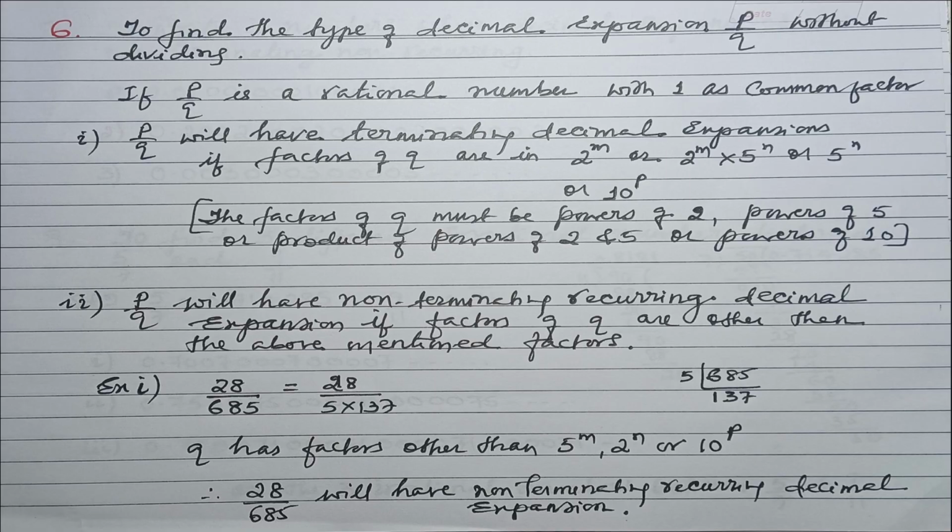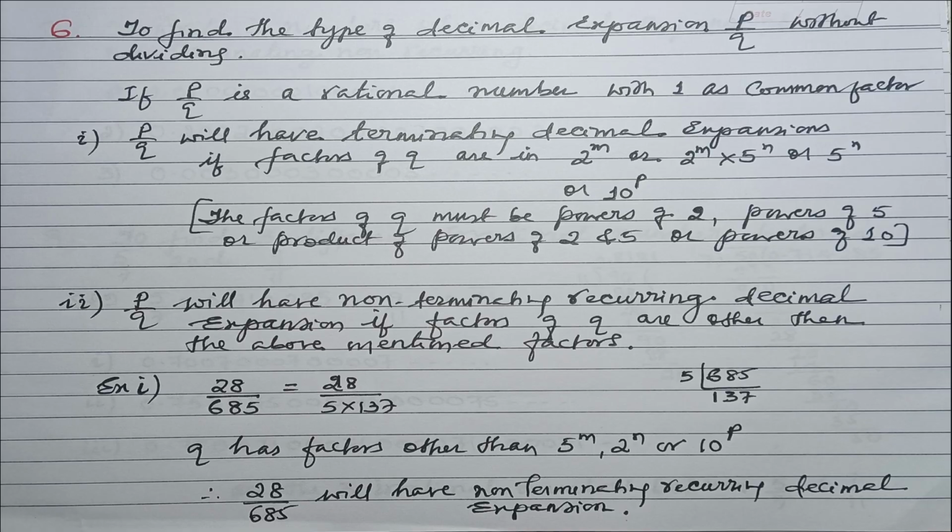Now to find out what type of decimal expansion p by q will have, we have to check the factors of q. If the factors of q are powers of 2, or powers of 5, or the product of powers of 2 and 5, or powers of 10, so 2 to the power of m, 2 to the power of m into 5 to the power of n, or only 5 to the power of n, or 10 to the power of p, we will find that p by q will have a terminating decimal expansion.